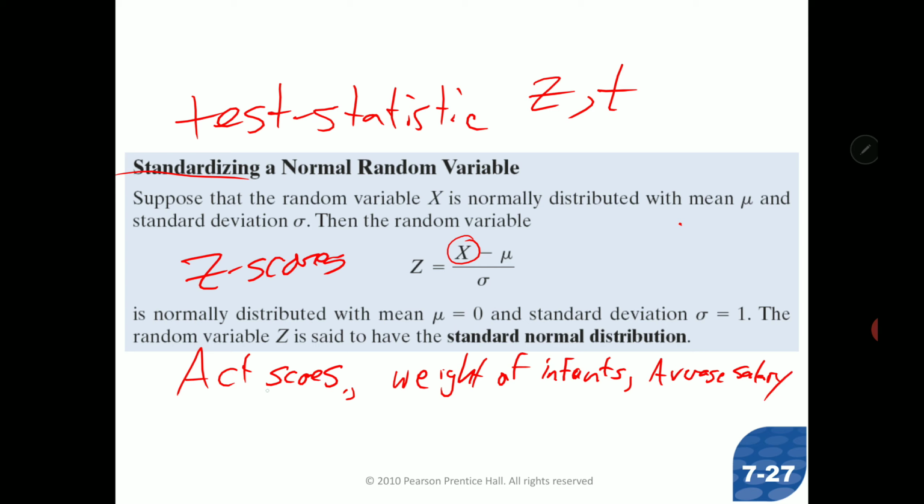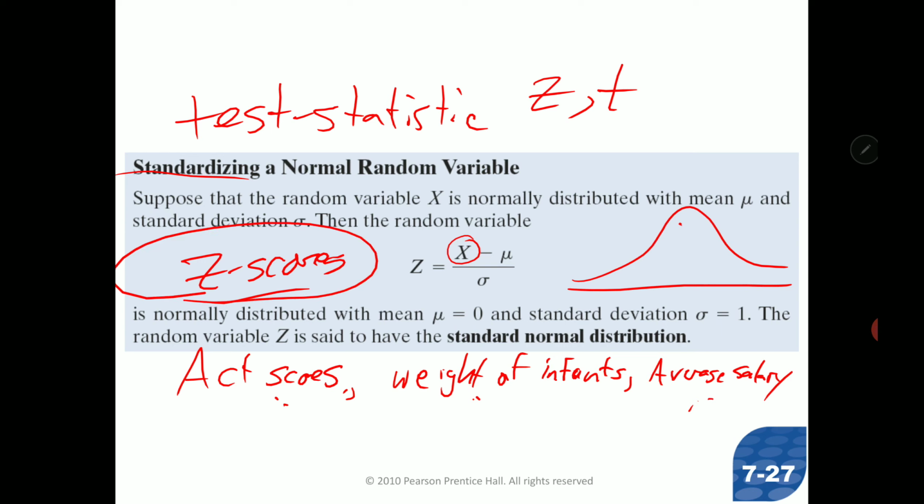All of these are different types of data, but we can standardize them using z-scores, using this formula, so we can find probability using the same method, using your normal distribution curve. It doesn't matter what the data is, we use this to standardize it to the normal curve. That is what standardizing a normal random variable does.